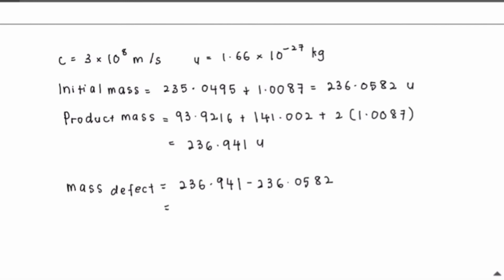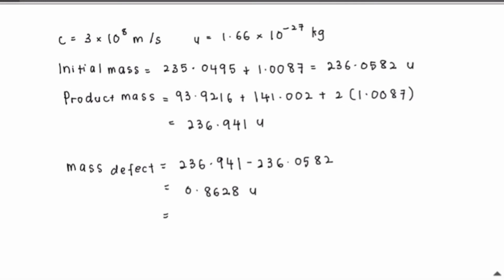You will get 0.8628 u. Then substitute u, which is 1.66 times 10 to the power of negative 27, into this value, and the final answer will be 1.432248 times 10 to the power of negative 27 kg.